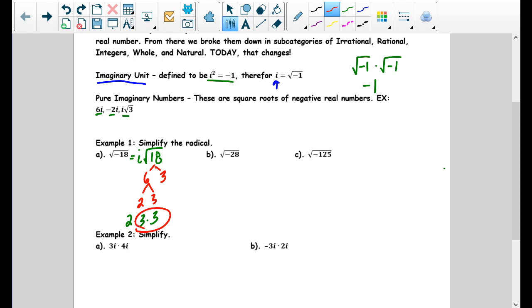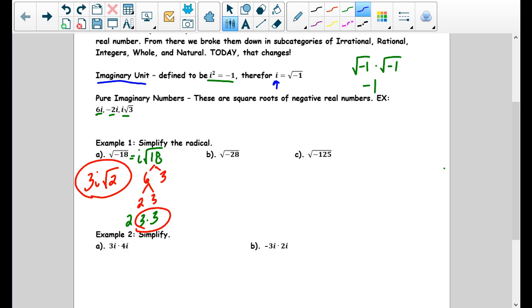So 3's are repeating, right? So that can get pulled out. So I have 3i. What's left is that 2. So the square root of 2 is what's left. And that's my answer. So factor, look for pairs to pop out.